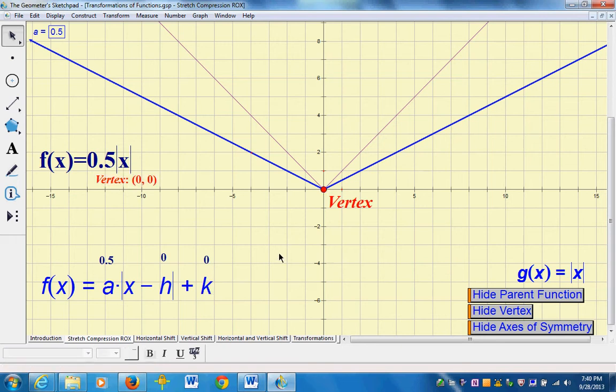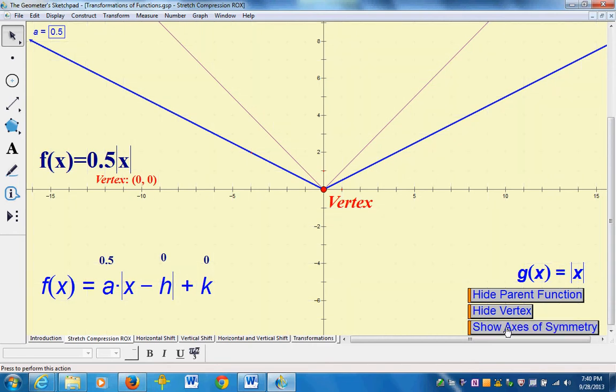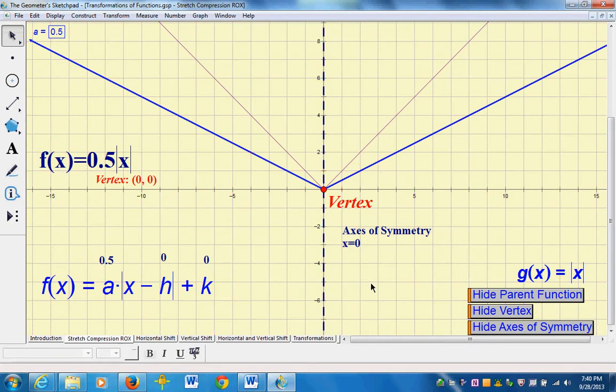The other thing is my axis of symmetry is actually right here. You can't see it on here, but let's see if we can get it to show. Oh, there it goes. My axis of symmetry is right here. It goes through my vertex, and that's where x equals 0.